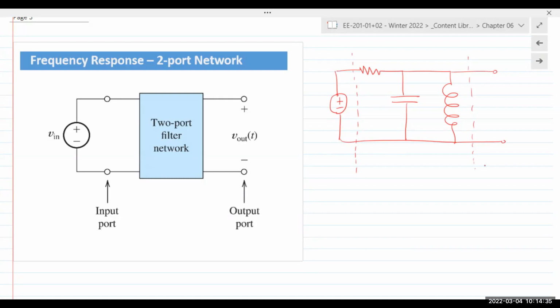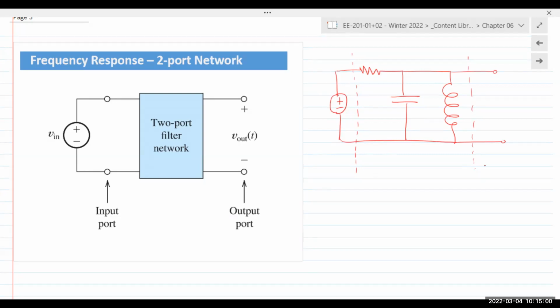So network in this instance simply refers to a circuit. If you take all the components and put them inside a sealed box, we can say there is input on the left side, there's output on the right side. We don't care what is inside the box. We don't really care what the circuit actually does. Well, I mean, we care what it does, but we don't care how it does it.